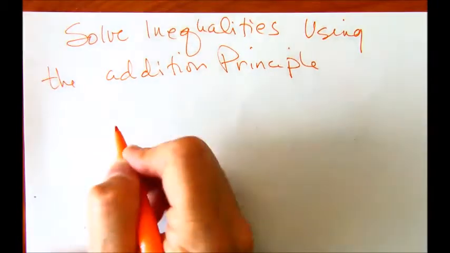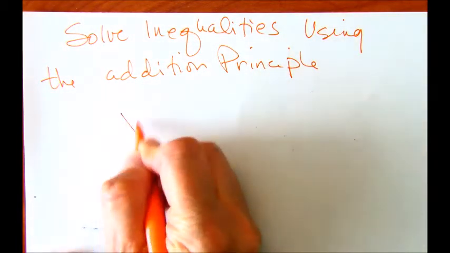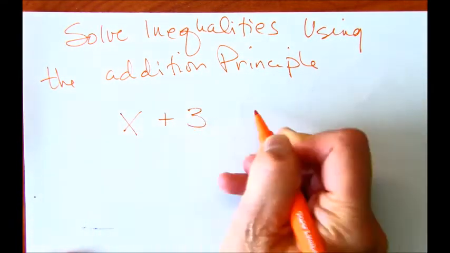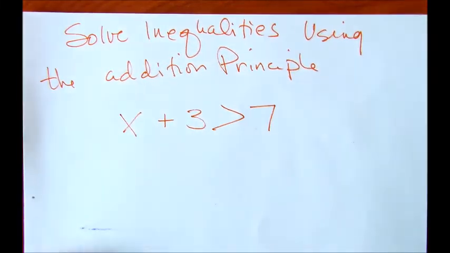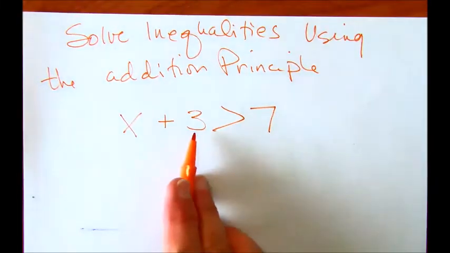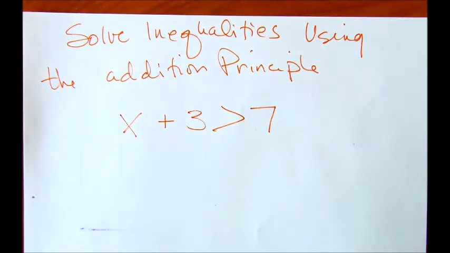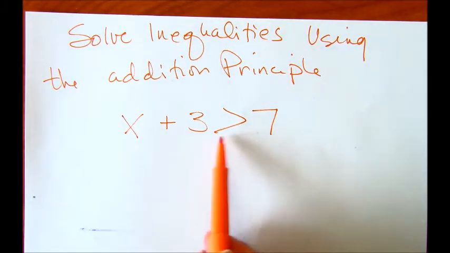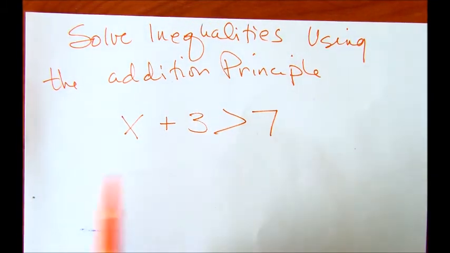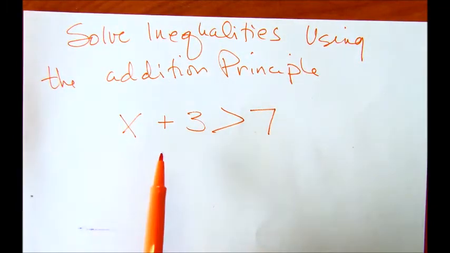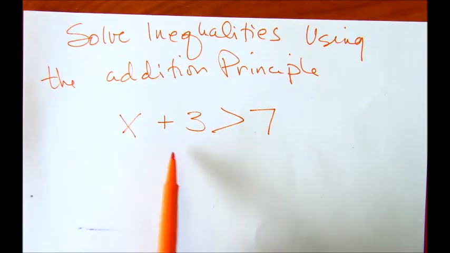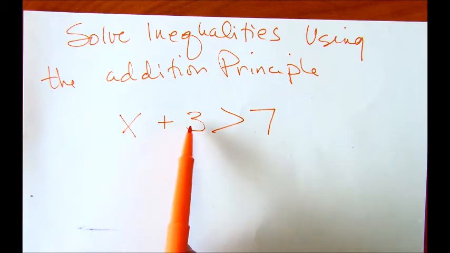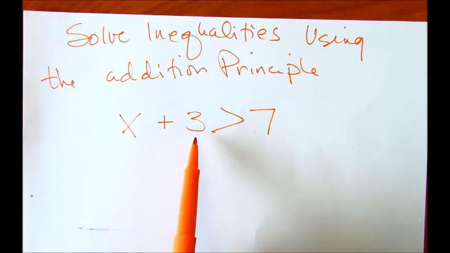The first example is going to be x plus 3 is greater than 7. This means greater than. Notice there's no equal sign underneath, so it's just greater than. The addition principle states that we're going to add the opposite, and this is a positive 3, so we're going to add a negative 3.